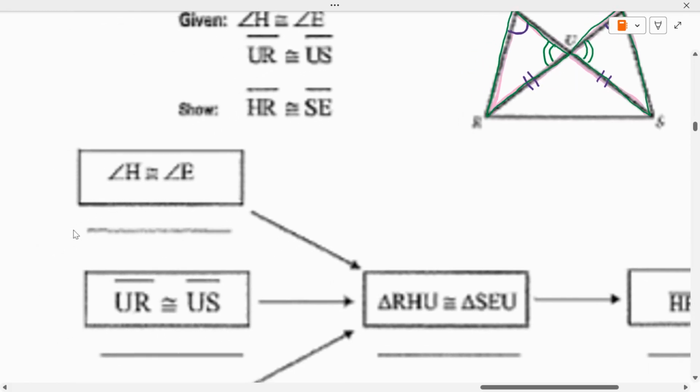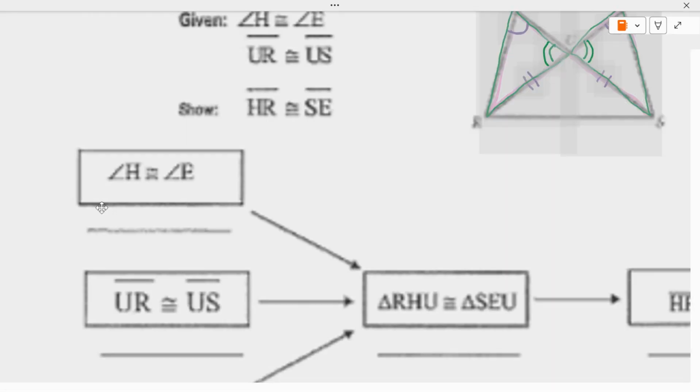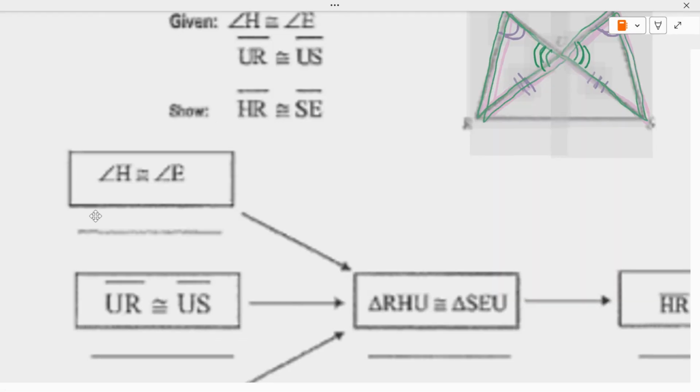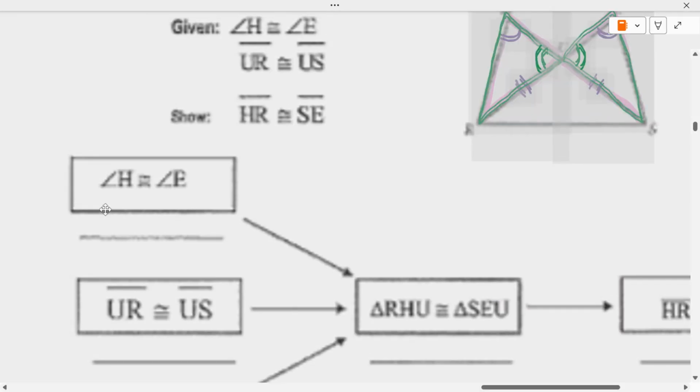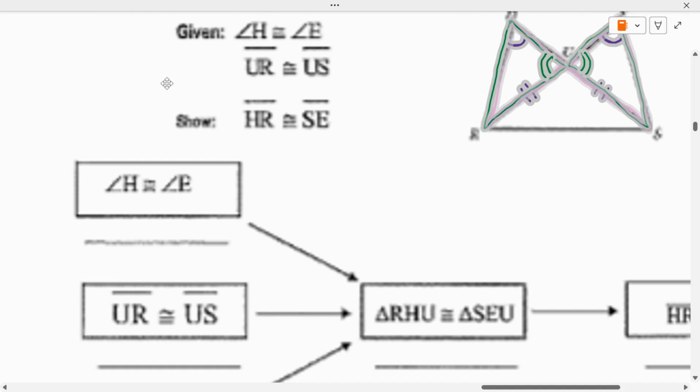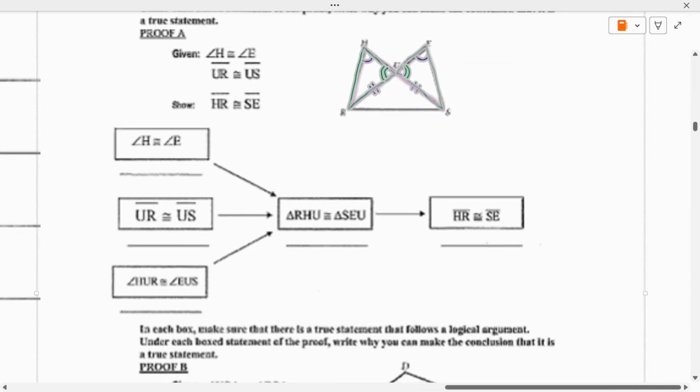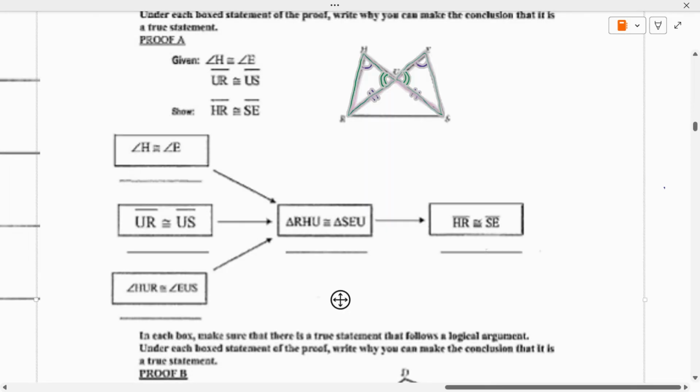So let's see. Angle H is congruent to angle E. Well, that's given to us. So let's write given. And segment UR is congruent to segment US. That is also given.